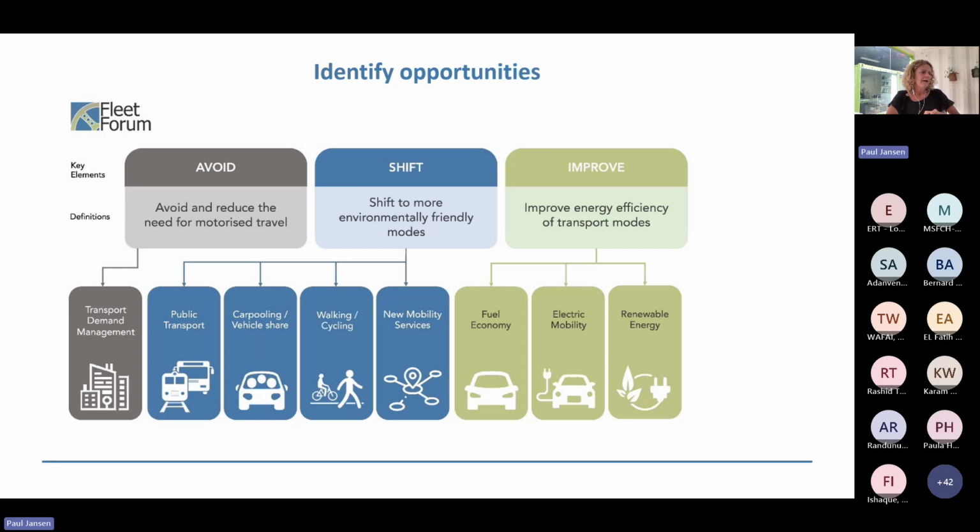Can you use vehicles that have a better efficiency, so newer vehicles? These are the things that you need to think about. And of course, there we also talk about electric mobility and renewable energies. But again, do it in that sequence, avoid, shift, improve, because the cleanest kilometer is the kilometer that we do not drive.